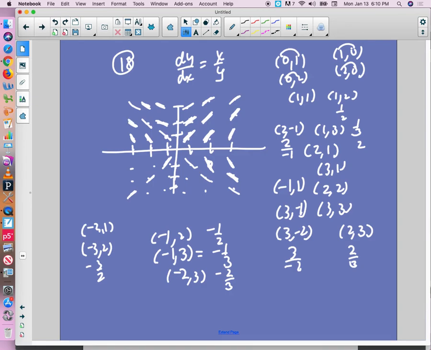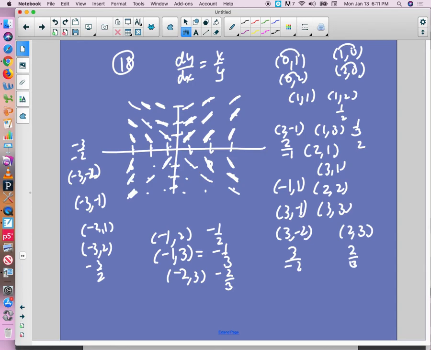It's kind of hard to draw, but it works out. So here I get negative 3, negative 1. So that'll give me 3, so pretty steep. And negative 3, negative 2. We get negative 3 over negative 2, we get 1.5.